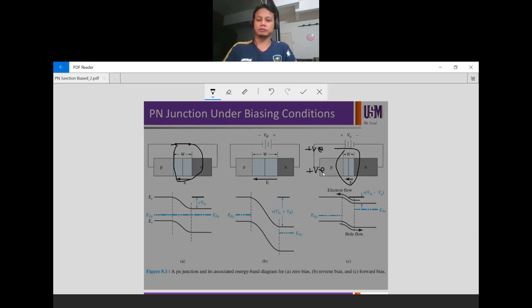Attract or repel? Repel, right? So the positive connection is going to repel holes, which are positive, and electrons, which are negative, from the negative connection. Then holes and electrons in the quasi-neutral regions will be pushed towards the depletion region because of the repulsion mechanism. They'll be pushed towards the center of the PN junction, making the further diffusion of the carriers easier compared to the thermal equilibrium condition.